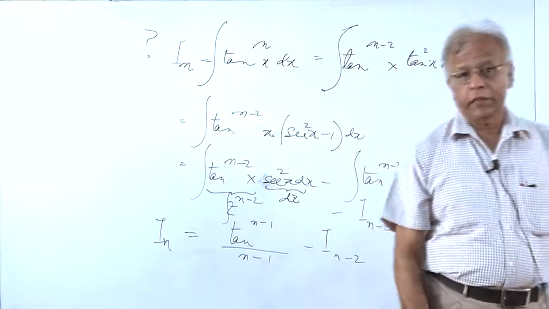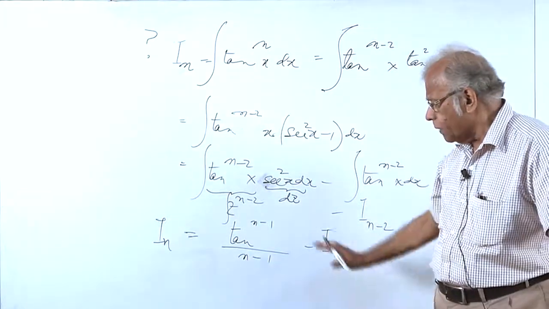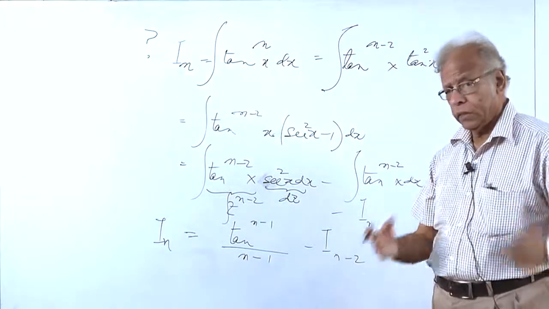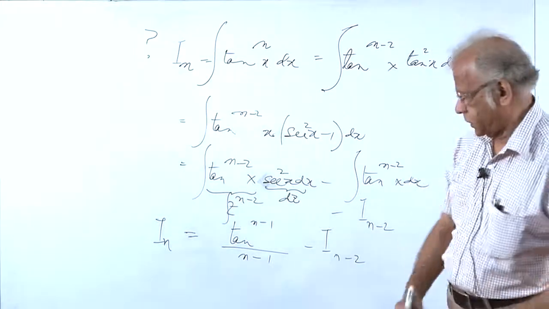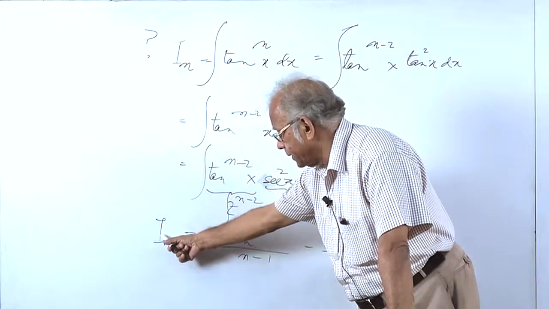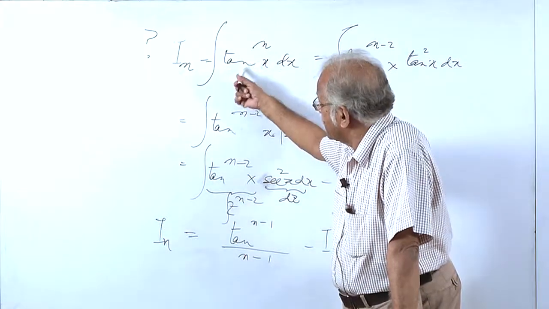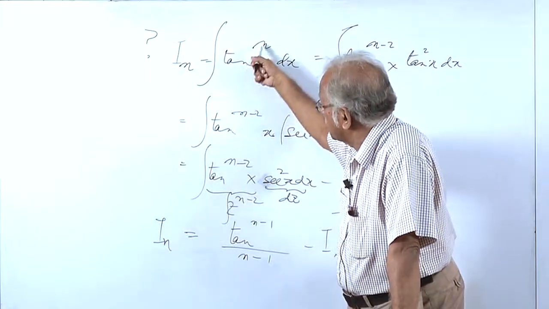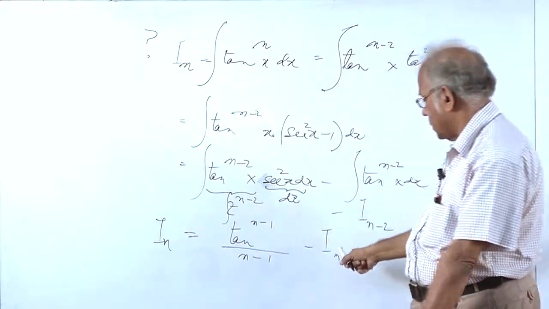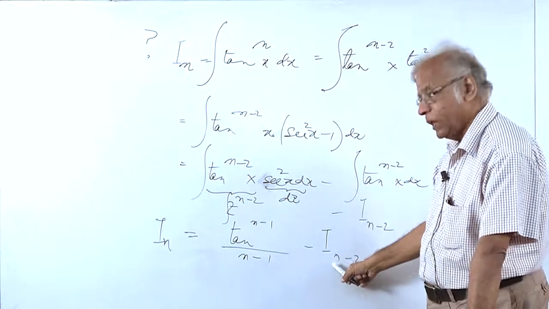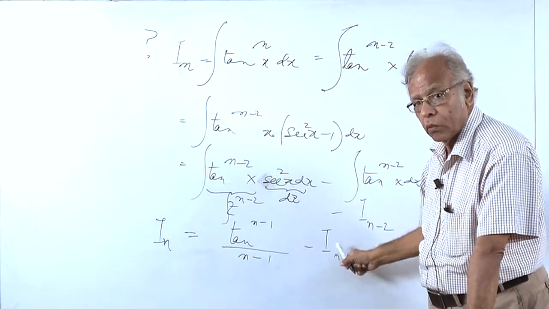Now here is the first instance where the meaning of a reduction formula emerges. We have related I sub n, that means tan x raised to the power of n, to a similar looking integral, but with the index coming down by 2 notches.